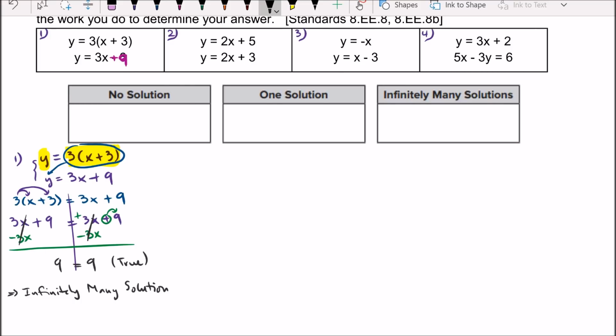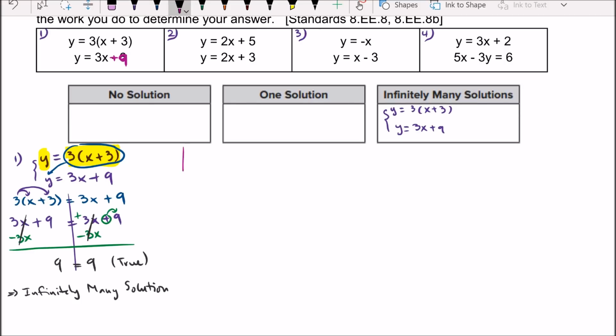Okay, then we know that we're going to take this system and put it into the last box: y equals 3 times x plus 3 and y equals 3x plus 9. That's it for number 1.